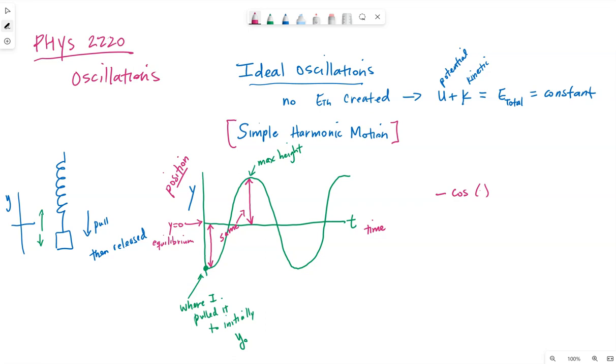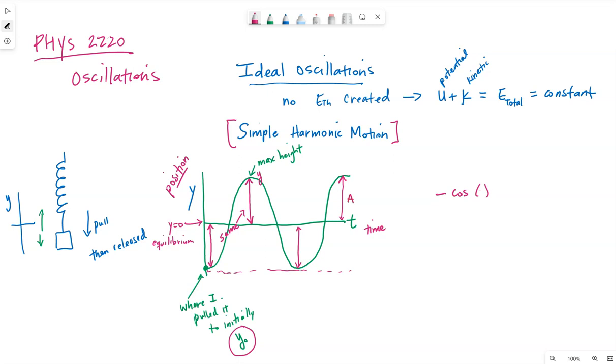And so once I pulled the mass downwards and let it oscillate, this y naught, this initial pull downwards, is equal to y up here, the maximum height above equilibrium. The mass then oscillated and fell down to this same initial y naught, that same initial distance from equilibrium, and then as it was springing back upwards, it went to the same maximum height again.